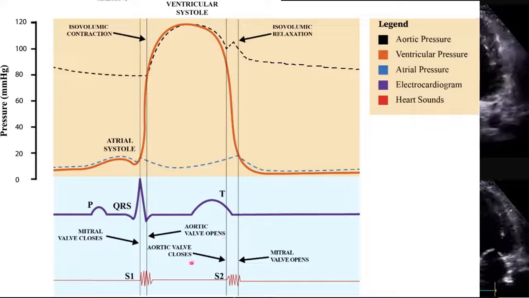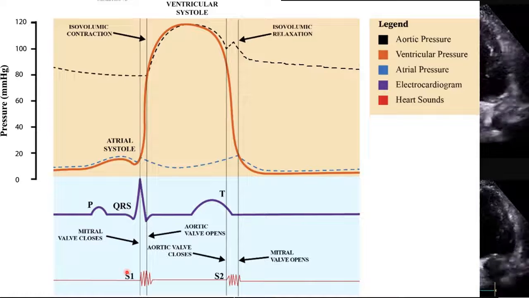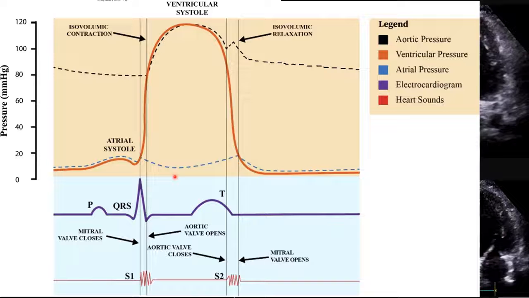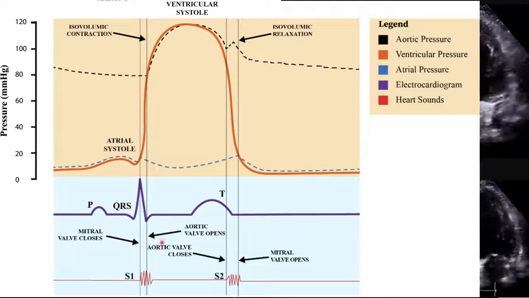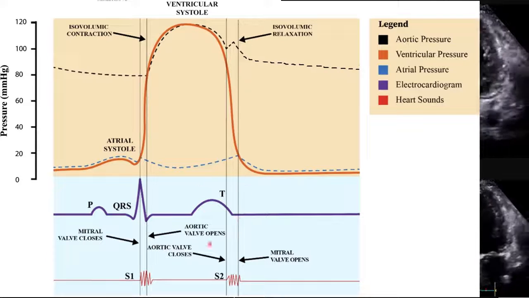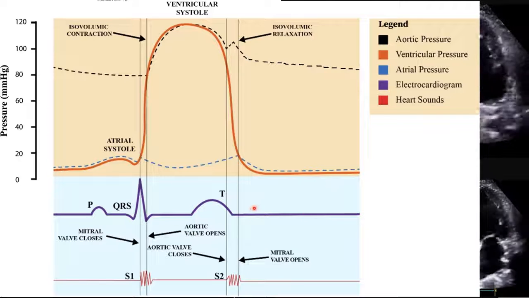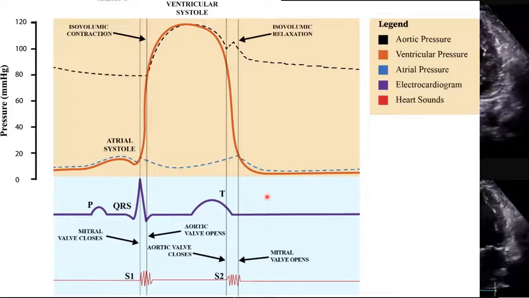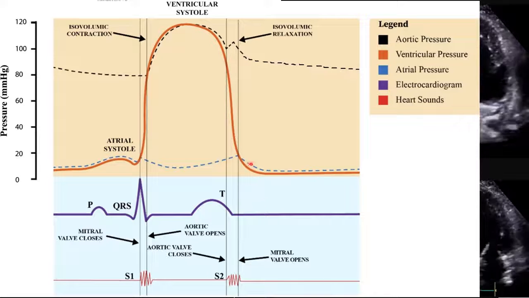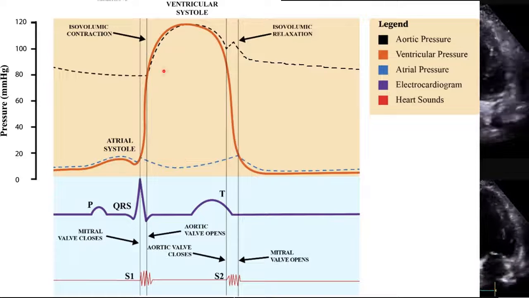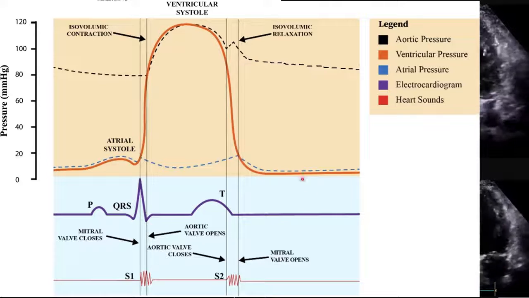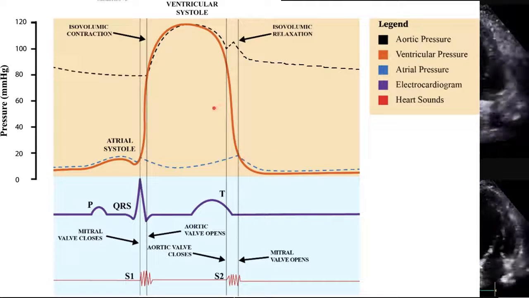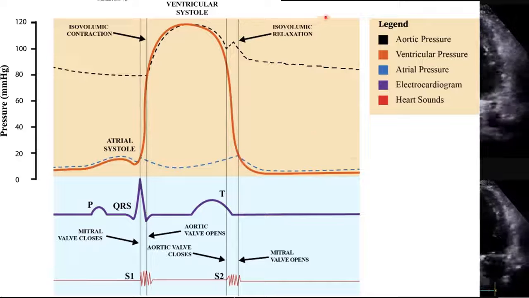As we know, the electrical cycle starts with depolarization of the SA node and creates the P wave, and then finally goes to the ventricles, which creates the QRS, and repolarization of the ventricle gives the T wave, and this cycle repeats. That is the electrical cycle of the heart. But when we talk about the cardiac cycle, we mean the mechanical cycle that starts with contraction of the ventricles and relaxation of the ventricles. That is the definition of the cardiac cycle that we call systolic and diastolic.